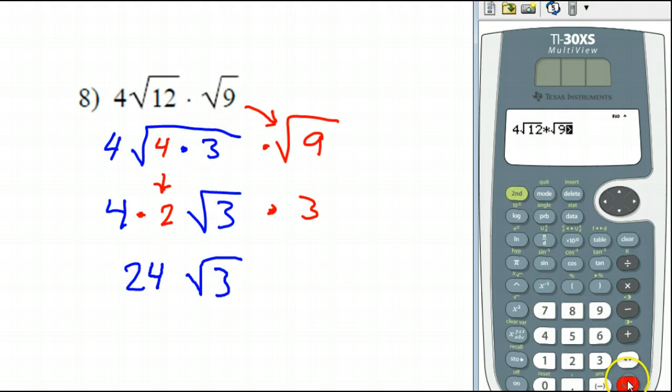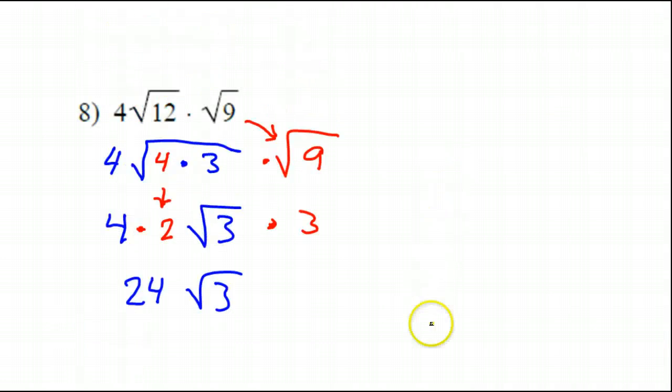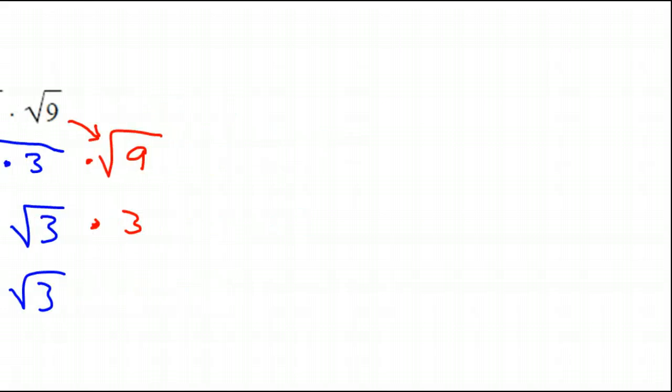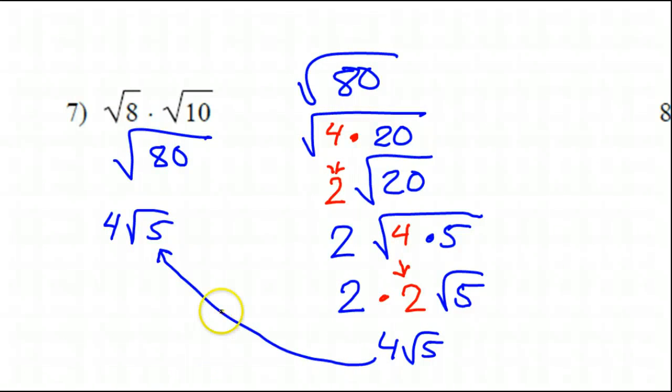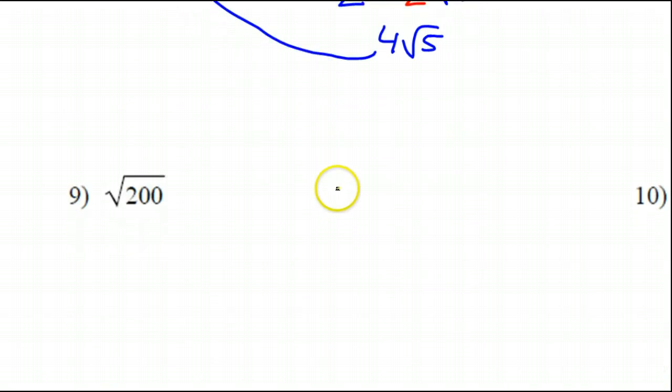Let's see if it'll give me, okay, it actually does it. So great, 24 radical 3. So just know that your calculator will do this as well. Okay, all right, my planning period is almost over, so I'm about to run out of time.